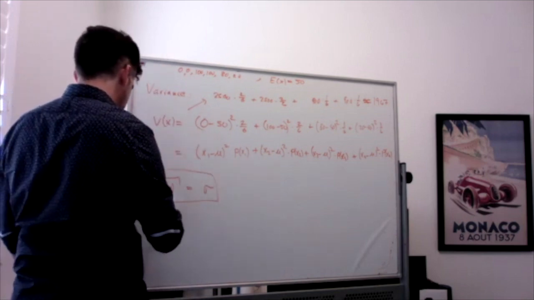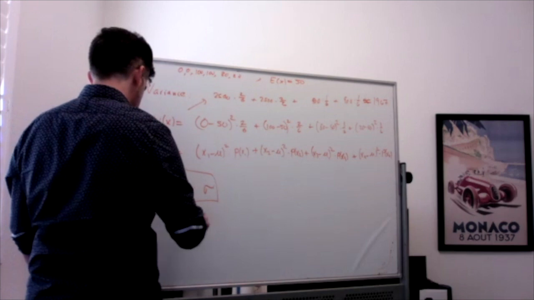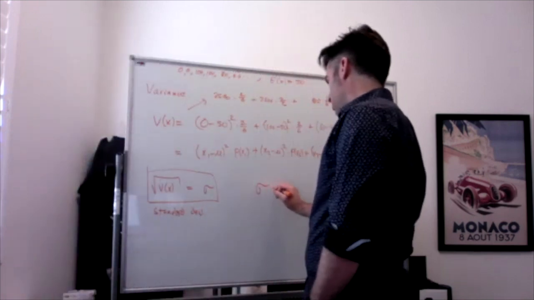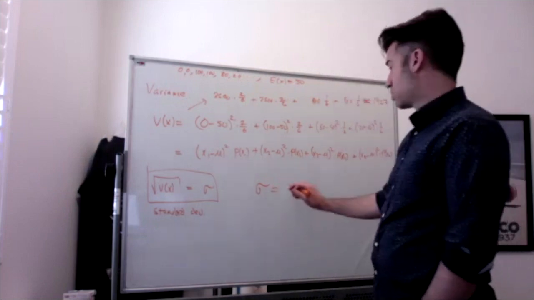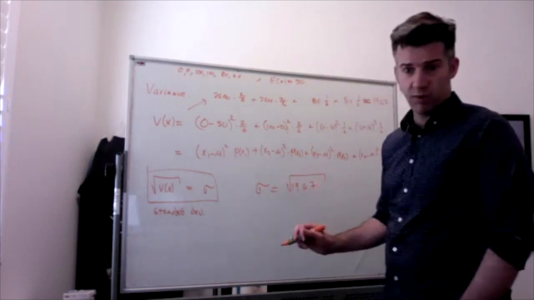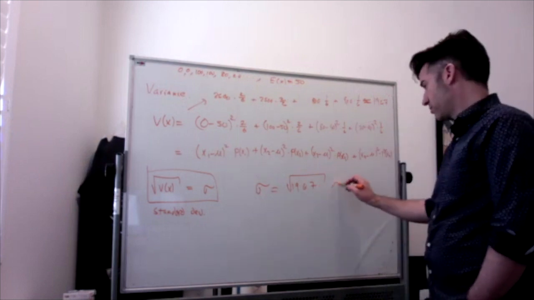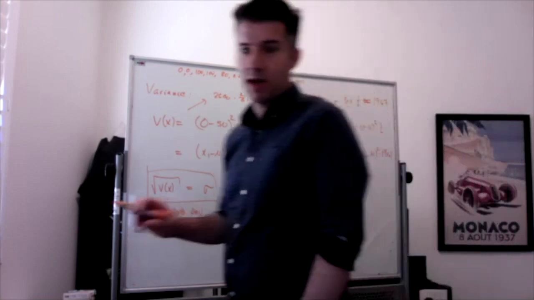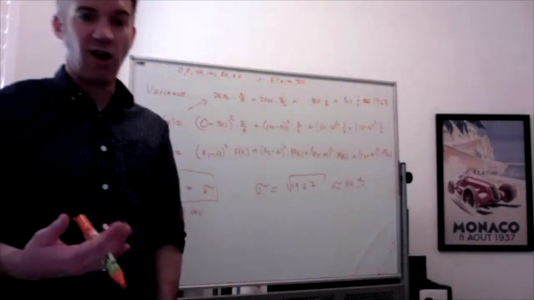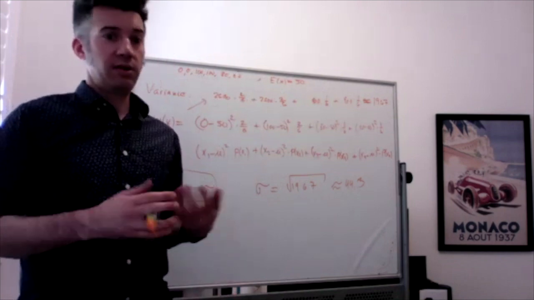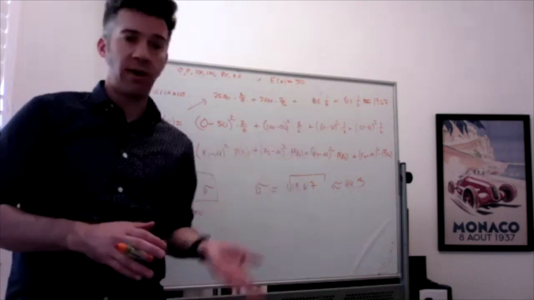In this problem, the standard deviation would be the square root of 1,967, which is approximately 44.3. And that represents how far each test score is from the mean on average. So on average, the test scores are 44 points away from the mean.